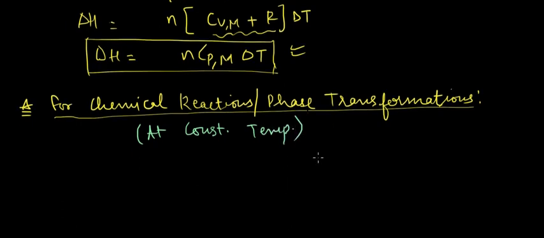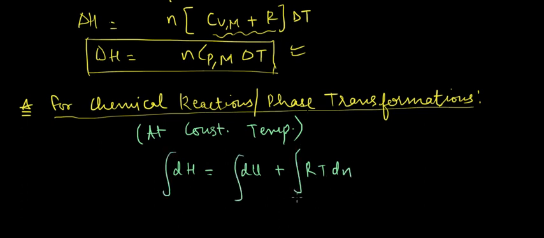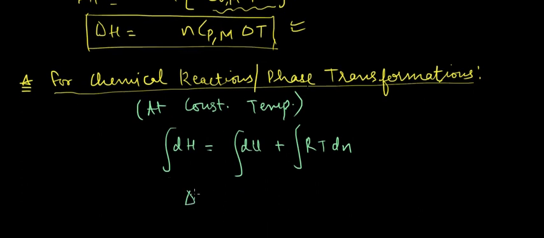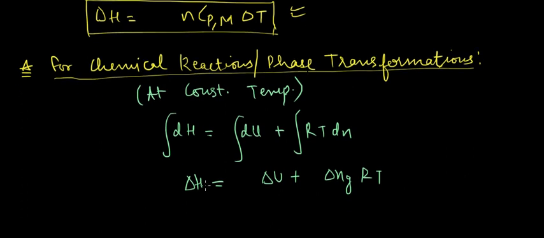So at constant temperature we can write dH equals dU plus, let's say, RT dn, where we have constant temperature and the number of moles are changing during the course of the reaction. So here we can write delta H equals delta U plus delta ng RT. So delta ng here would be the number of moles of gaseous products minus the number of moles of gaseous reactants.